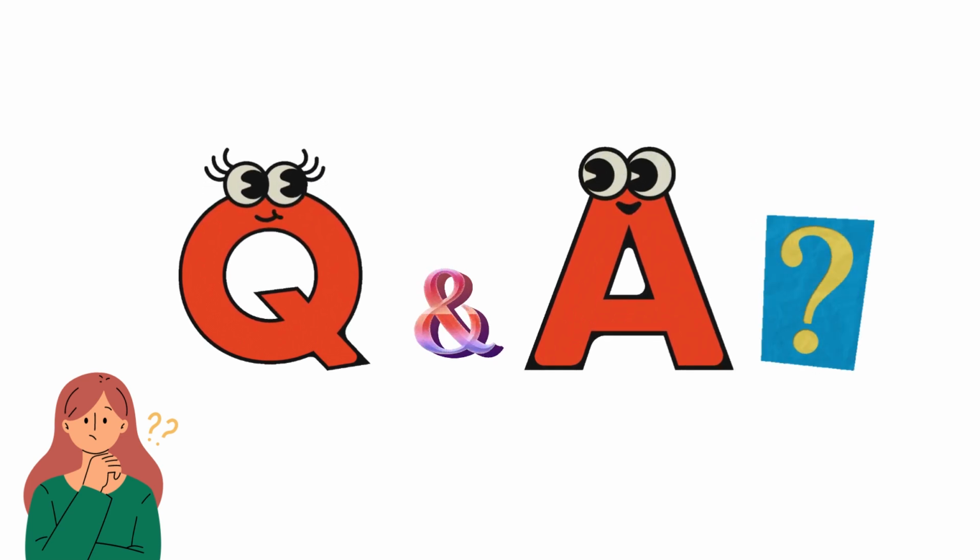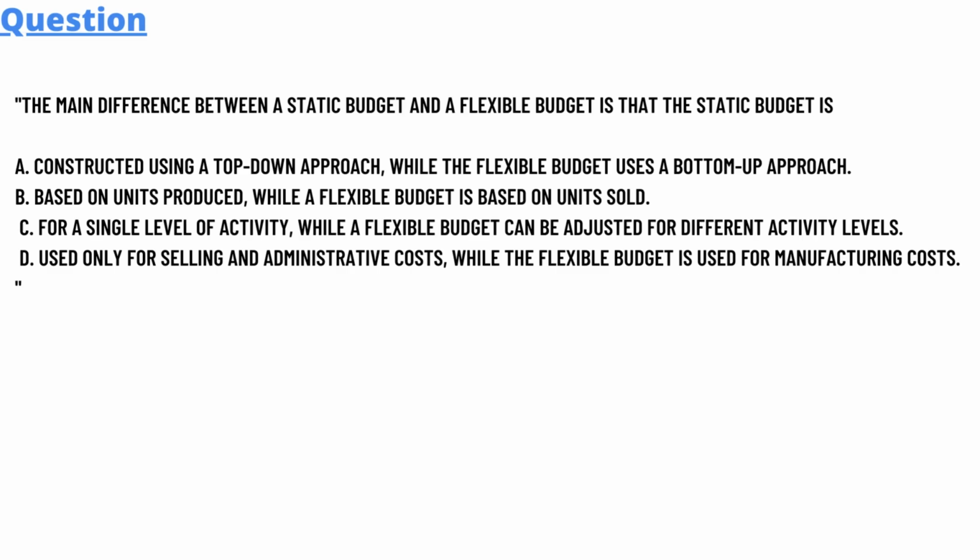So our today question is: the main difference between a static budget and a flexible budget is that the static budget is: Option A, constructed using a top-down approach while the flexible budget uses a bottom-up approach. Option B, based on units produced while a flexible budget is based on units sold.